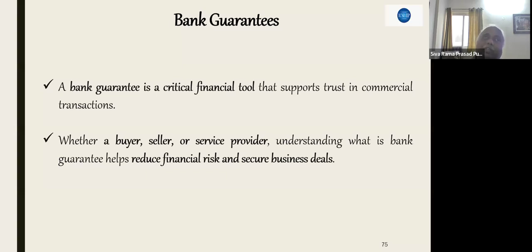A bank guarantee is a critical financial tool that supports trust in commercial transactions. Today, it is an important one. That's why, even though we are talking particularly about loans and other things, bank guarantees are also part of the functioning of any company.